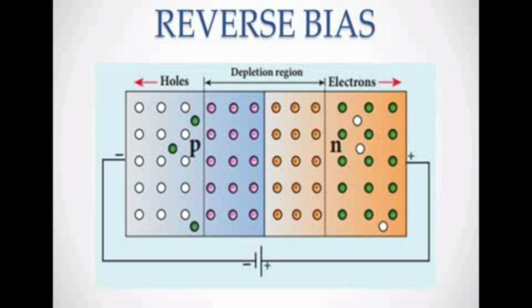The charge carriers cannot pass from one side of the PN junction to the other side. So charge carriers cannot flow, and current cannot flow in the reverse bias condition. In forward bias, current can flow.